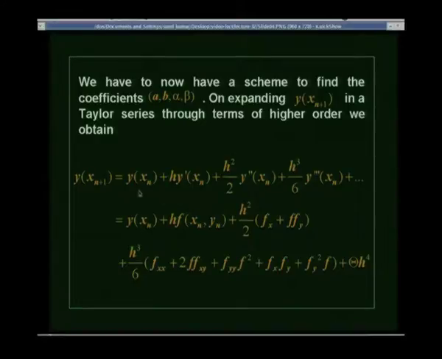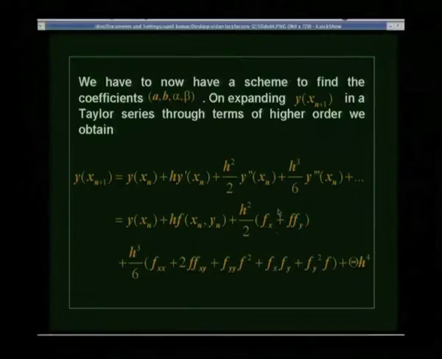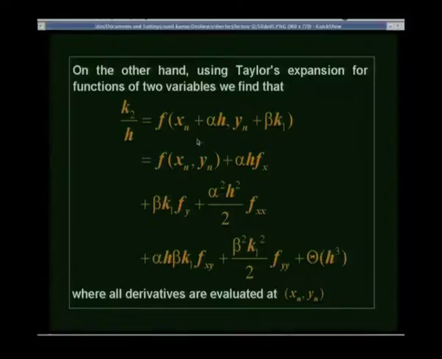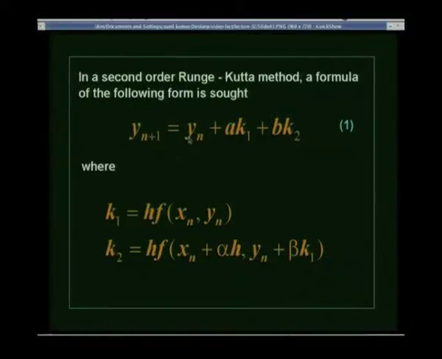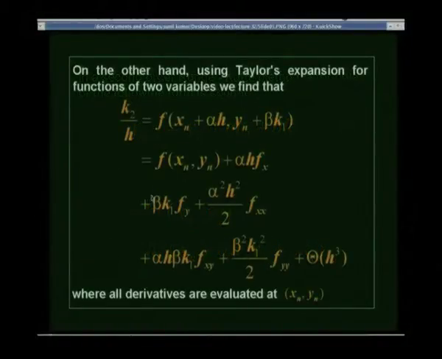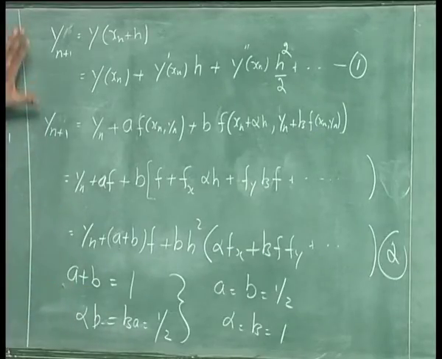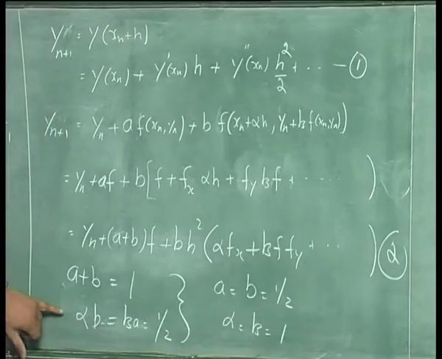That is y at x_n plus h times the first derivative, and h square times the second derivative, etc. And then I would go ahead and expand the right hand side of the next equation, which is what I just wrote on the board. And then I would write it as alpha h f_x and beta k1 f_y plus alpha square h square by 2 f_xx, etc.